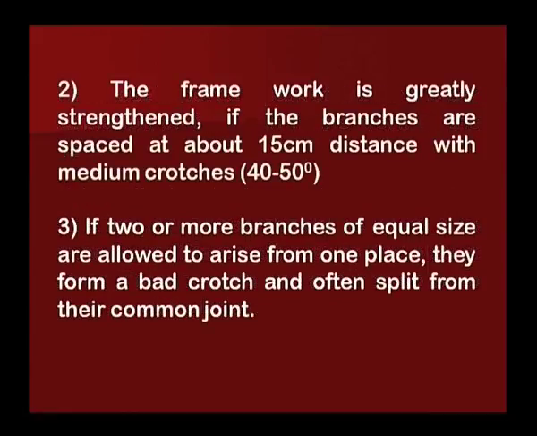The framework is greatly strengthened if the branches are spaced at about 15 centimeter distance with medium crotches of 40 to 50 degrees. If 2 or more branches of equal size are allowed to arise from one place, they form a bad crotch and often split from their common joint.